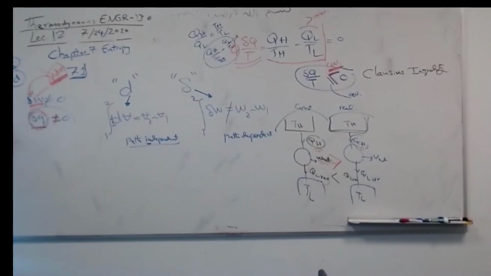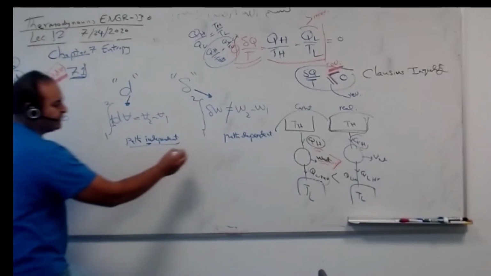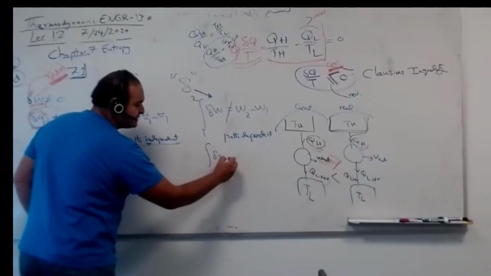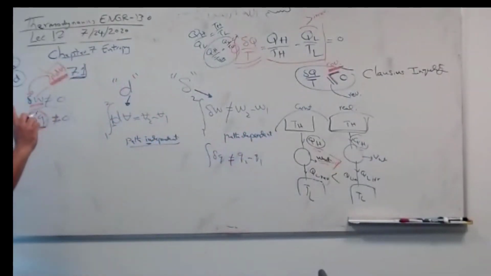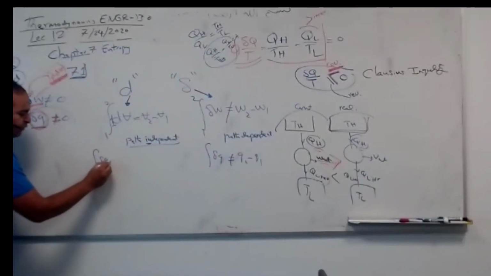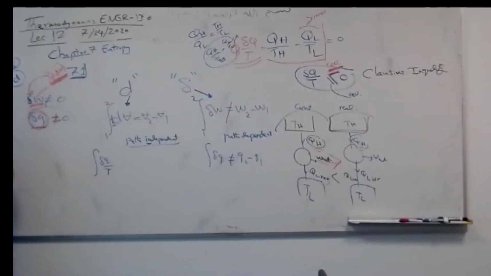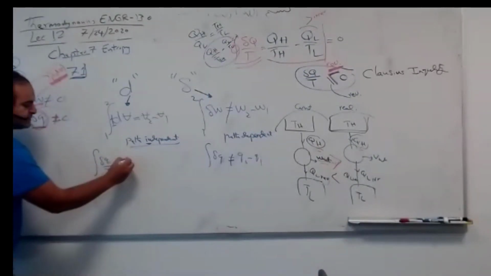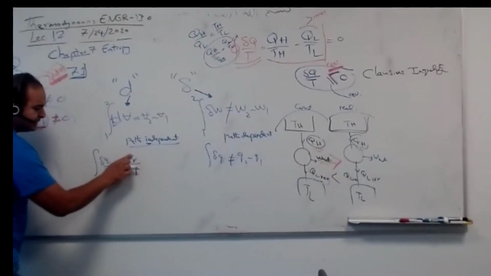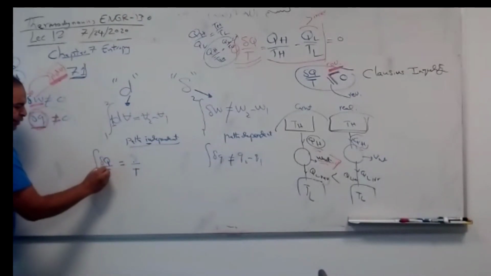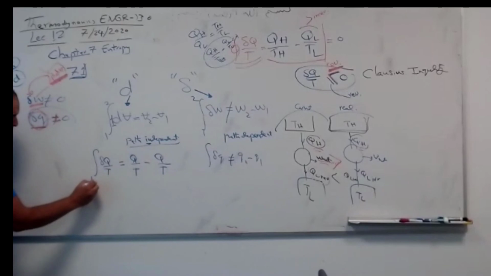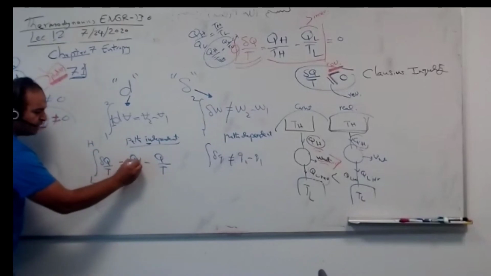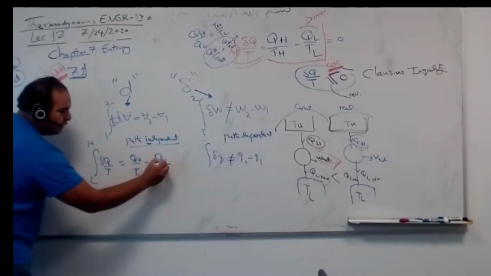So if you have delta Q, you cannot say it's Q2 minus Q1. That's totally wrong. But if you have delta Q over T, and I told you it's a property, let's now assume it's a property. It's Q over T, Q over T minus Q over T. We start from, let's say, low to high or high to low. It's high over high, low over low.